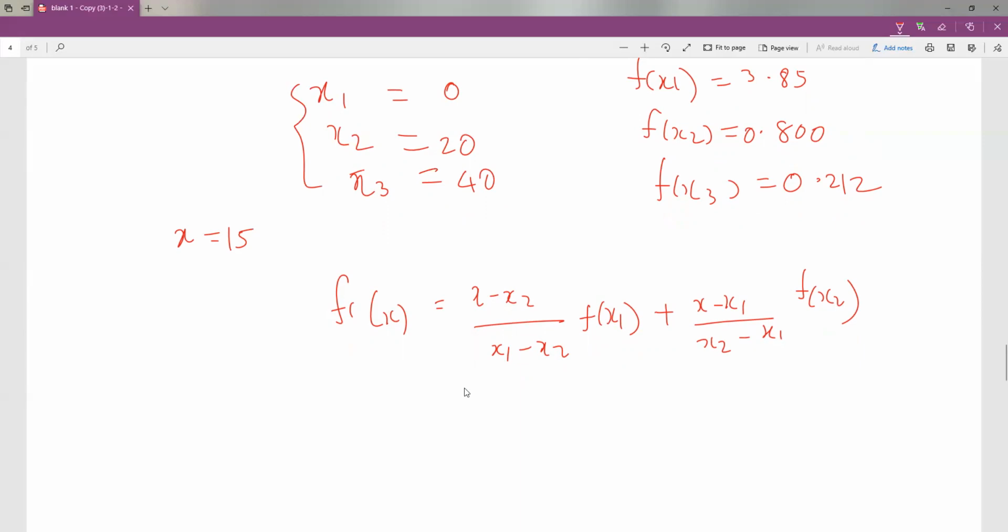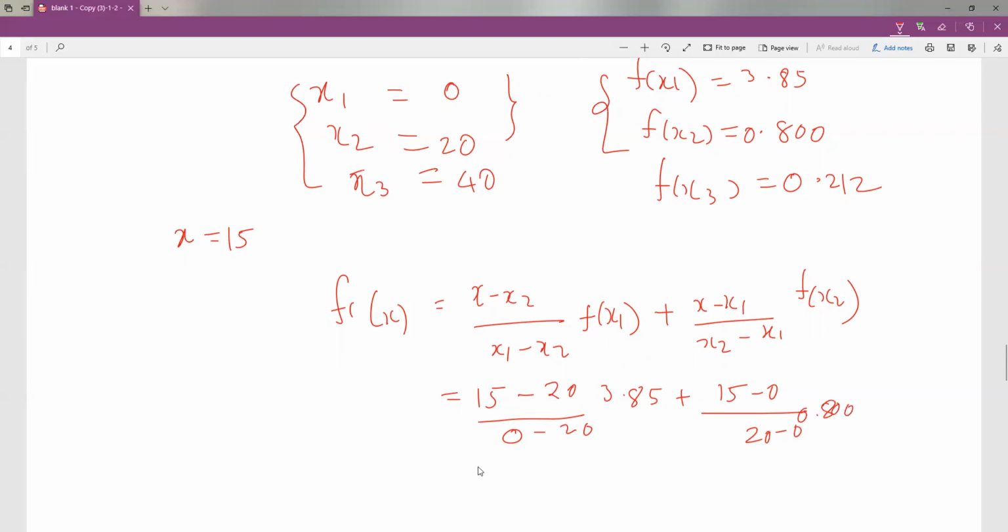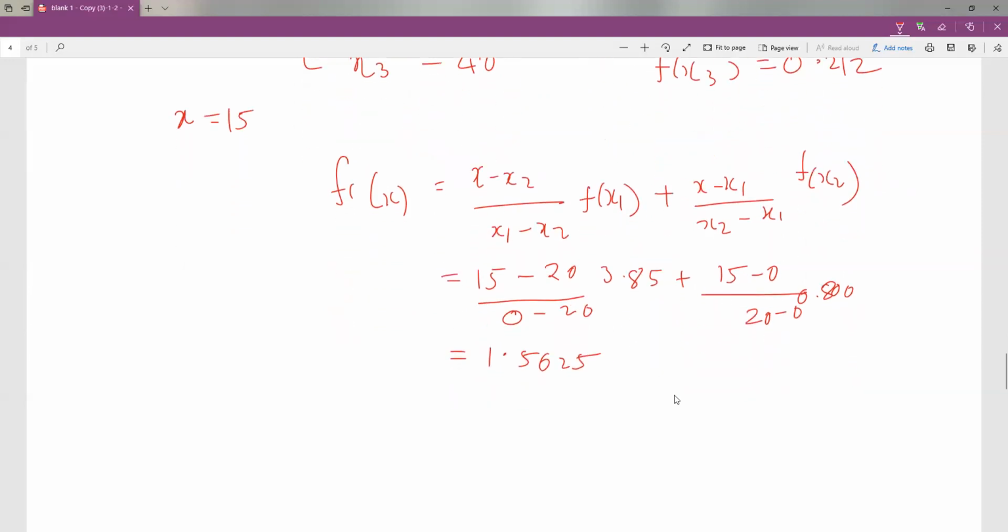This is of course the Lagrange linear interpolation formula. At 15, x1 is 0 and x2 is 20, the function's value is 3.85, plus 15 minus 0 over 20 minus 0, multiplied by 0.8. This gives me 1.5. This is just a matter of substituting into the formula.